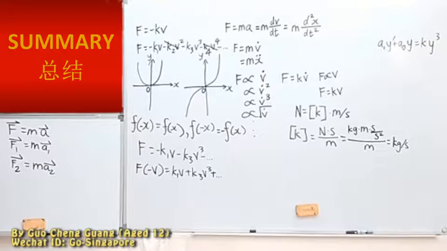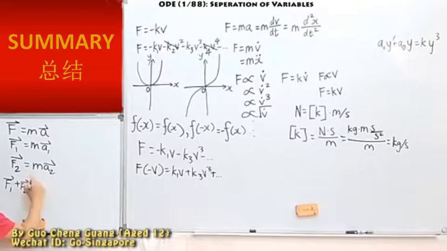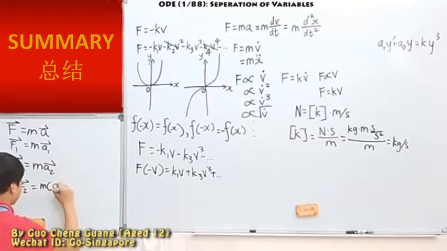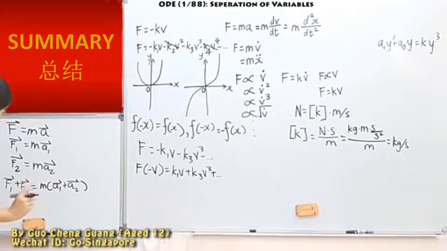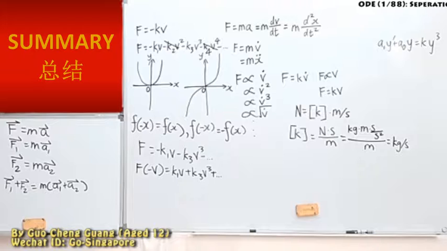Then what if we add all these forces together? As they are all acting on the same mass m, these accelerations can also be put together. So at this part, they can be added together. Then you get the resultant force and the resultant acceleration.